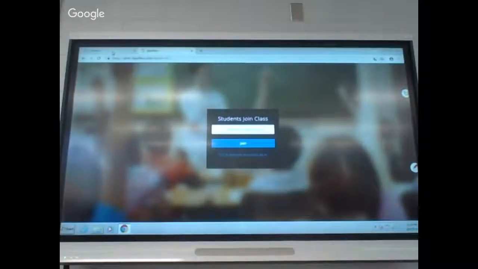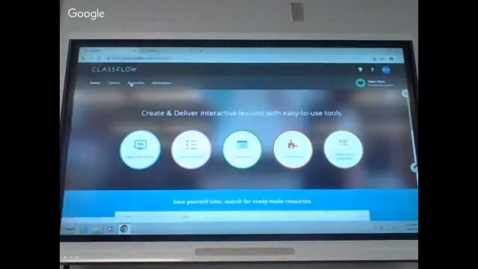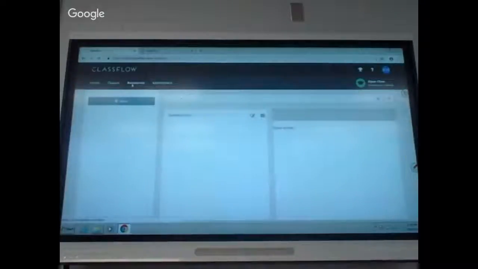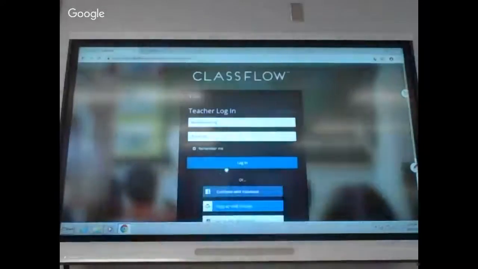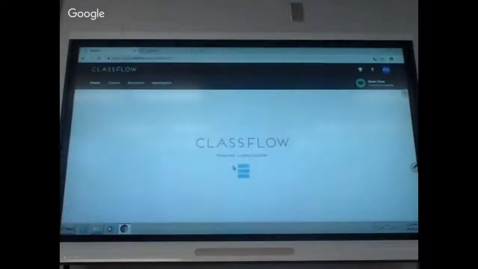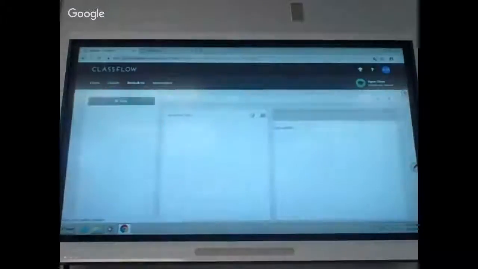It doesn't matter which one, but you need a screen that's going to let you type in a class code. Okay, I'm here. I'm good.